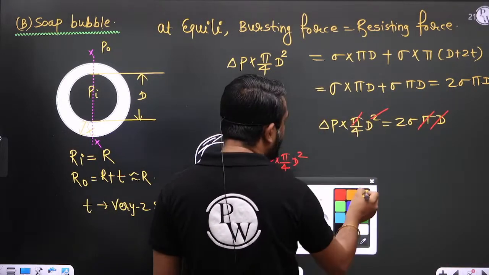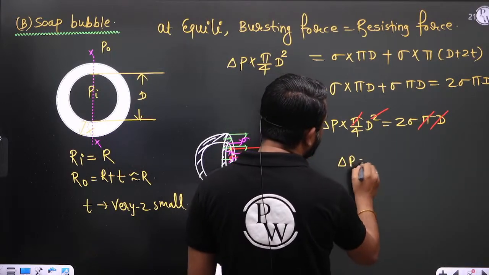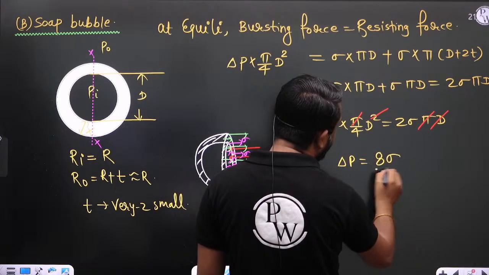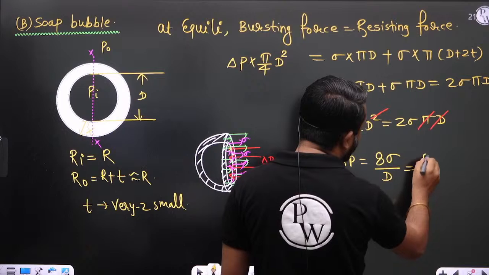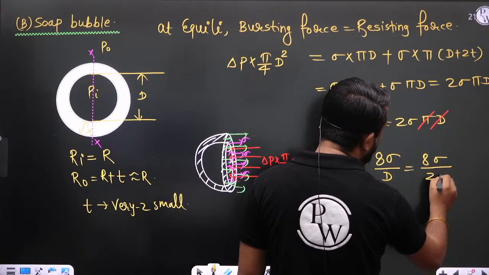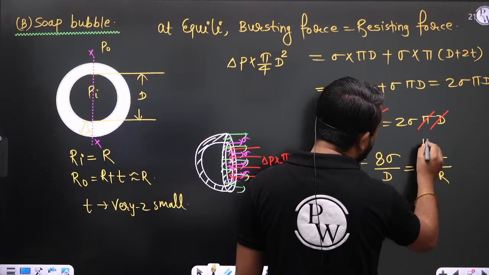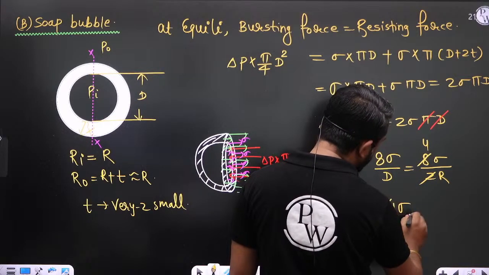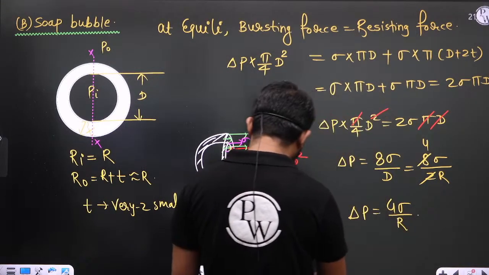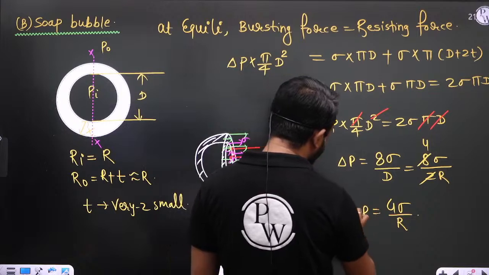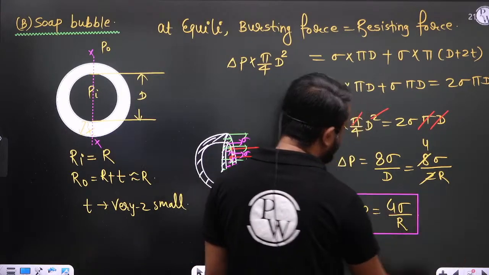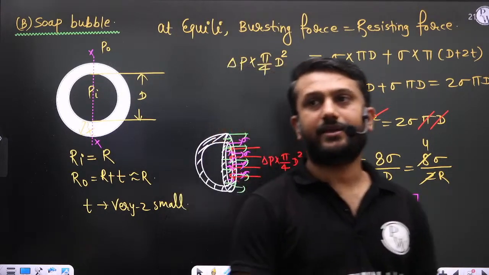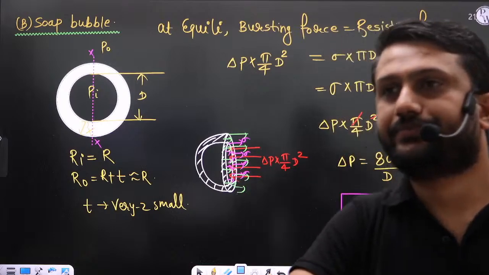So ultimately delta P is equal to 8 sigma by d, or you can write 8 sigma by 2r. So ultimately delta P is equal to 4 sigma by r. This is the delta P.